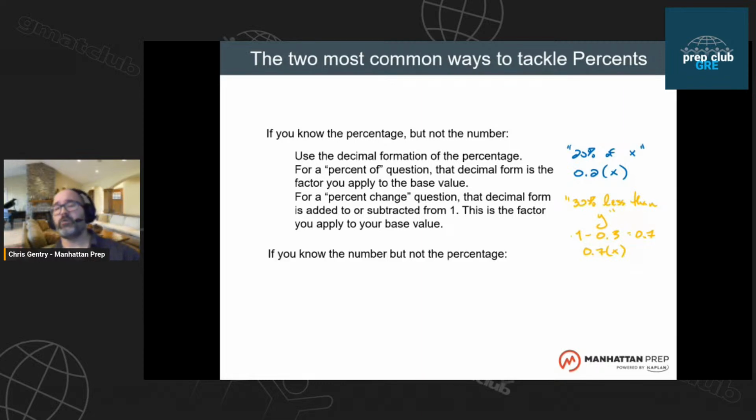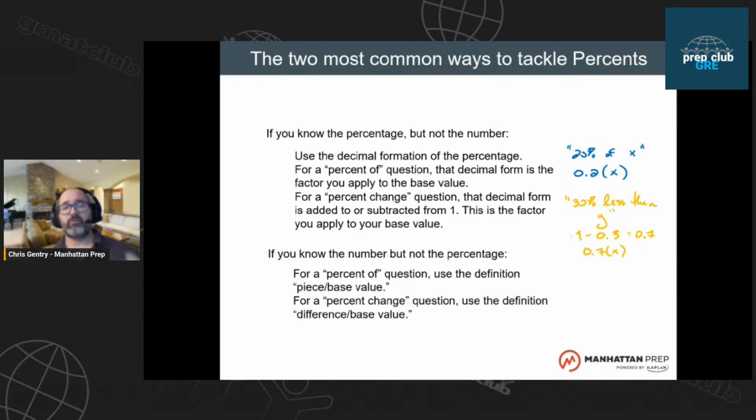If I know the number but not the percentage, for percent of, you can just use the definition: piece divided by base value. So for example, if you had 10 is what percent of 40, you can just say, I'm going to do 10 divided by my base, and then that turns into a decimal.